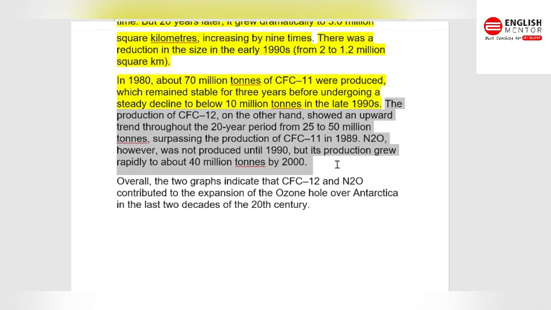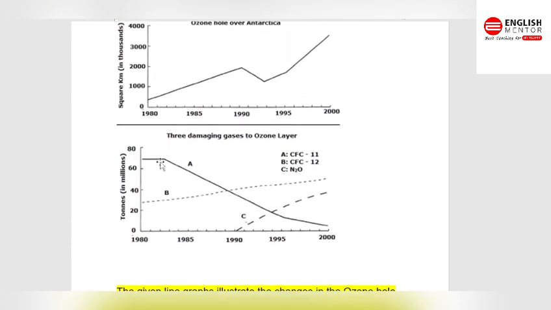The production of CFC-12, on the other hand, showed an upward trend throughout the 20-year period from 25 to 50 million tons, surpassing the production of CFC-11 in 1989. So the CFC-11 and CFC-12, you can see the difference. This was 11 and this is the 12 one.